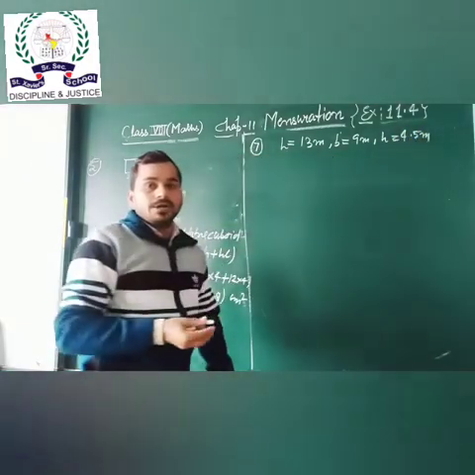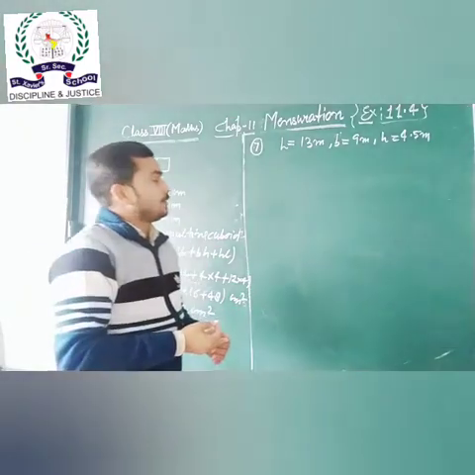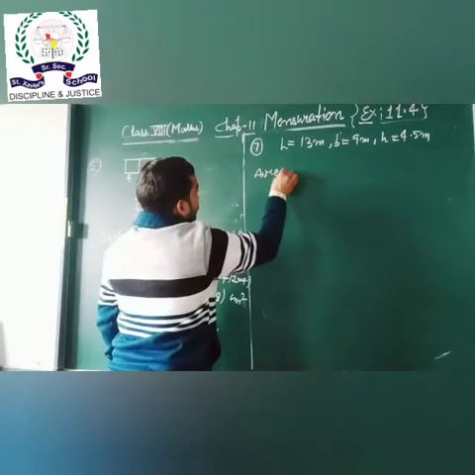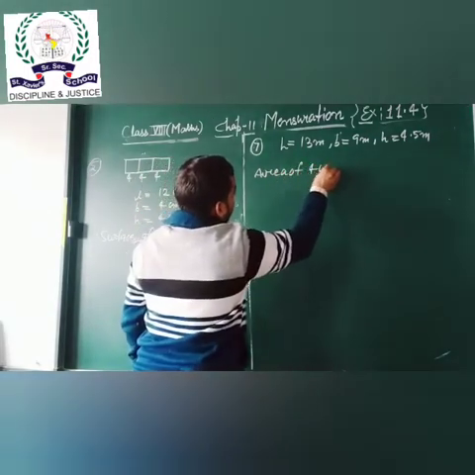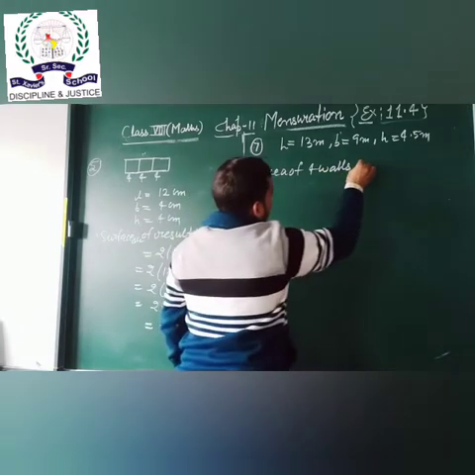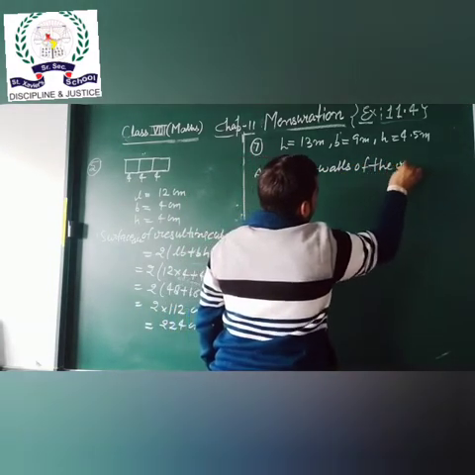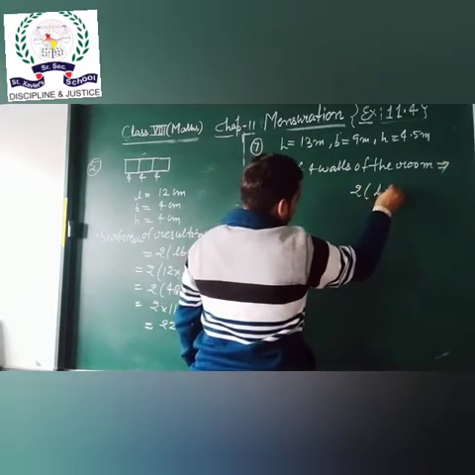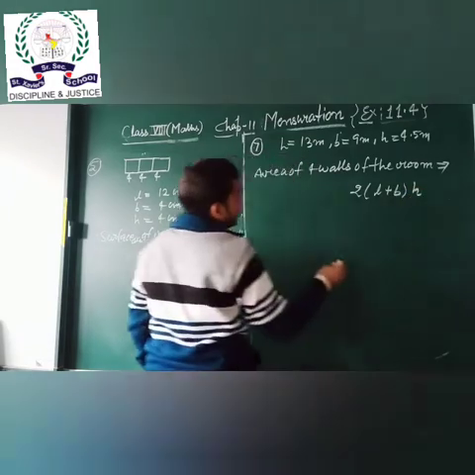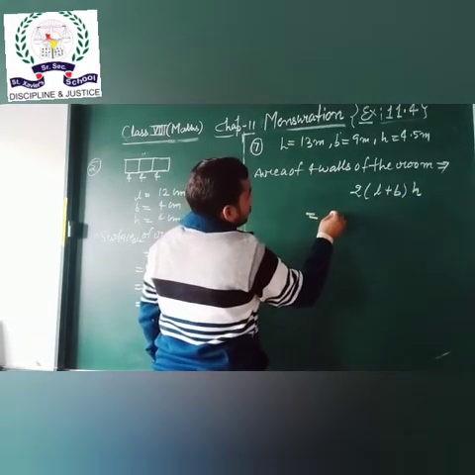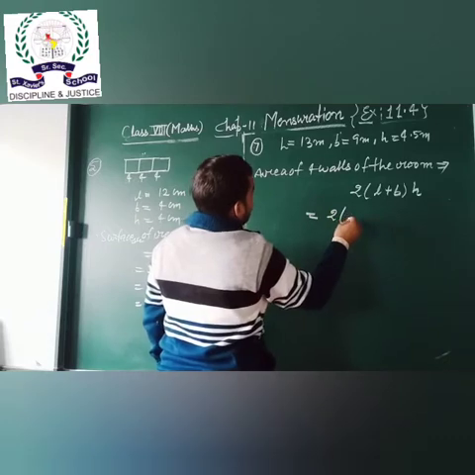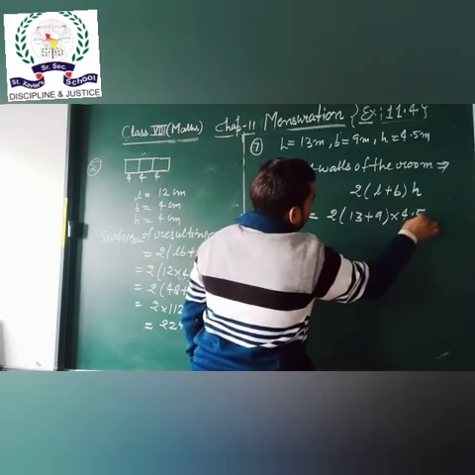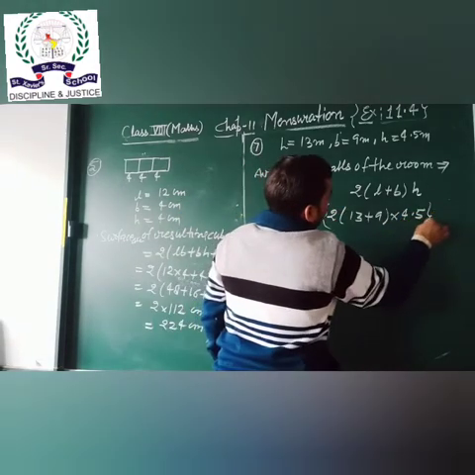So first we have to find out the area of 4 walls of the room. Area of 4 walls of the room equal to 2 bracket L plus B into H. L is 13, 13 plus 9 into 4.5 meter square.